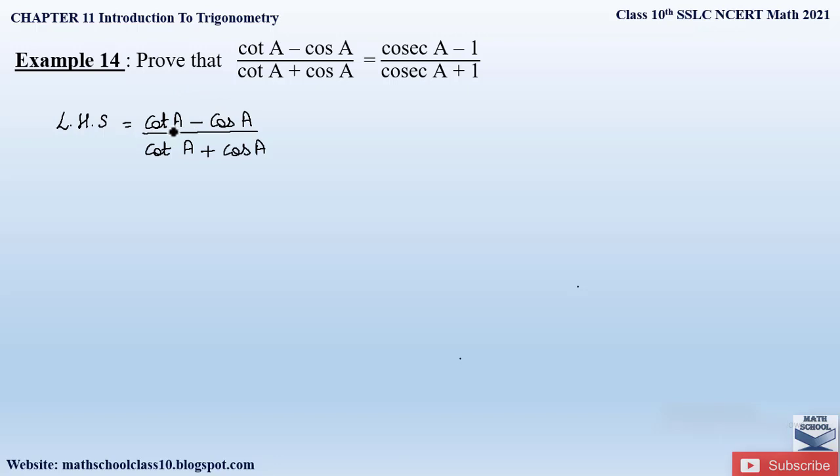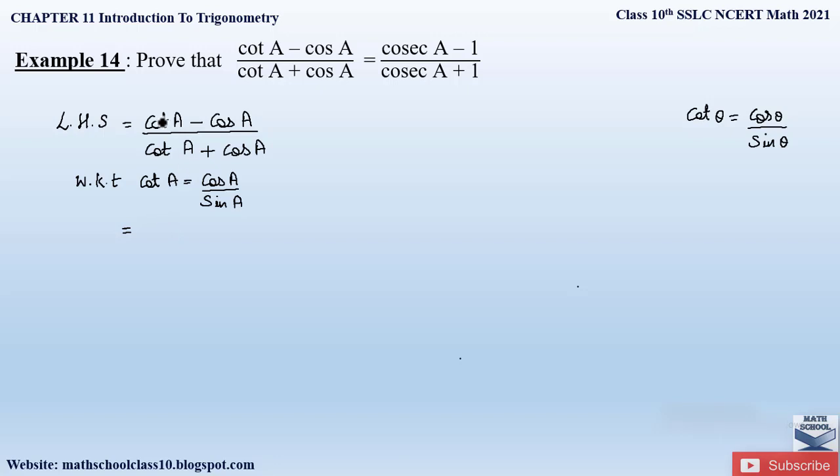Instead we can write the relationship between cot and cos as cot theta is equal to how much? Cos theta divided by sin theta. So using this relationship we will apply here. We know that cot A is equal to cos A divided by sin A. So let us substitute here.